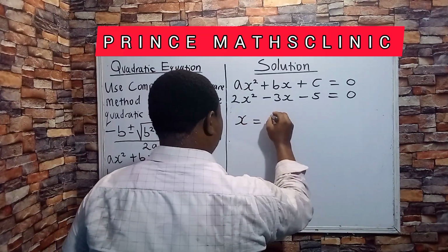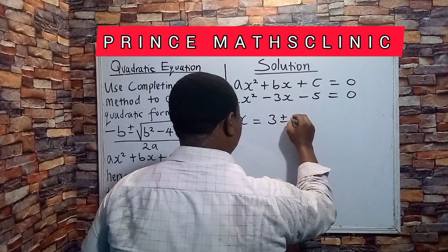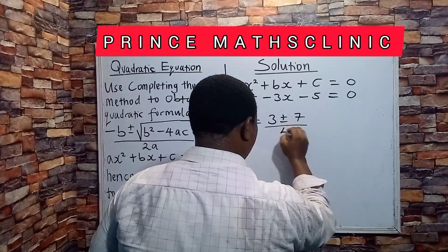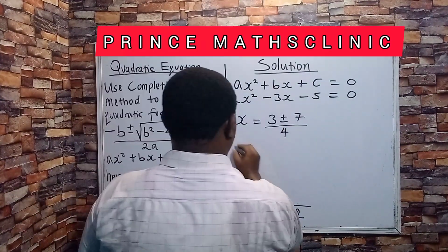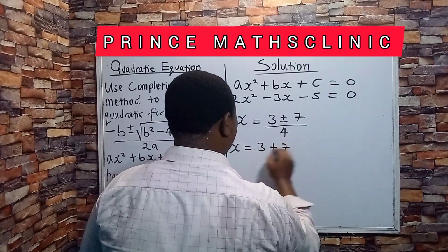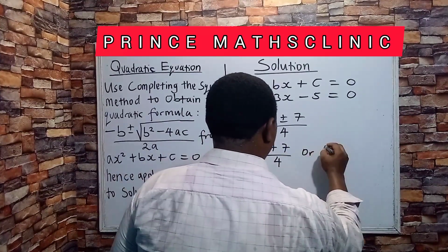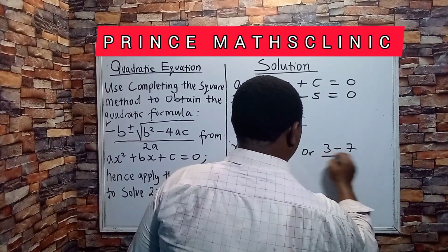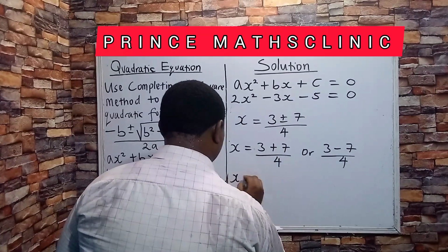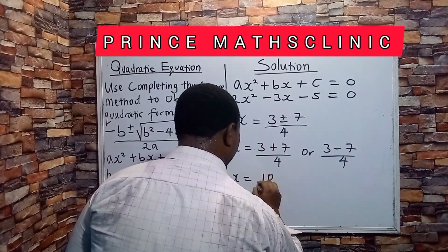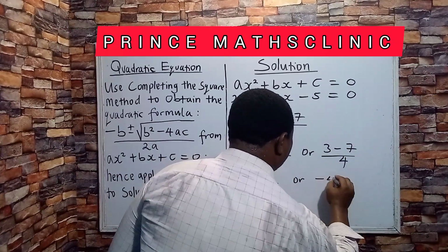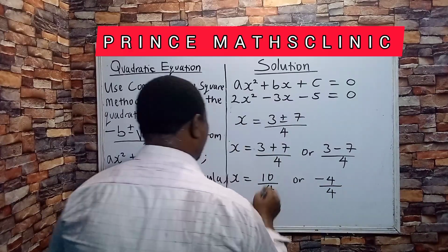Our x is simply 3 plus or minus the square root of 49, which is 7, over 4. So our x is either 3 plus 7 over 4 or 3 minus 7 over 4. Now, 3 plus 7 is 10 over 4, or 3 minus 7 is minus 4 over 4.